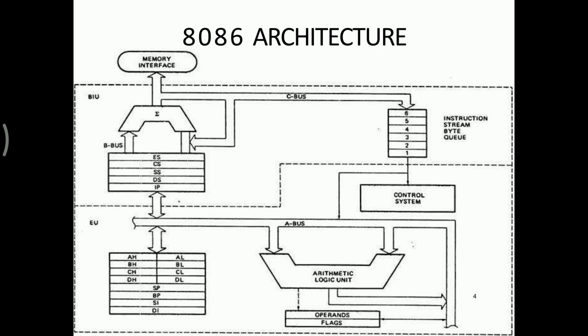This one is the memory interface. In the memory, the instructions will be stored, not data. Now the arithmetic unit will fetch the instructions from the memory for processing the address.